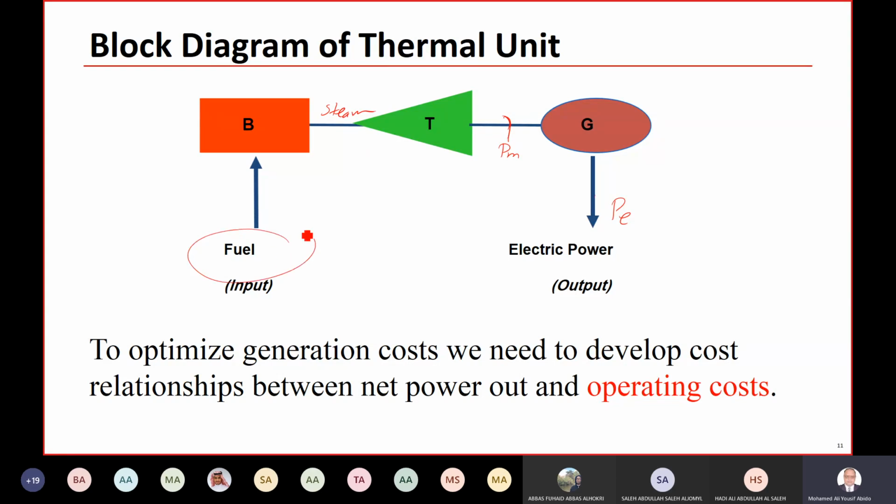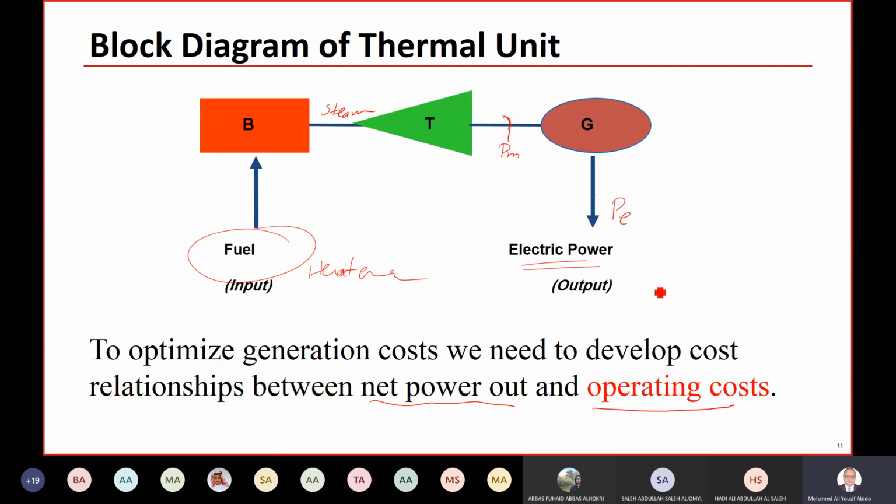You have input here through the fuel. You have heat energy input, and you have here electric energy output of the plant. To optimize generation costs, we need to develop cost relationships between the net power output and the operating cost.